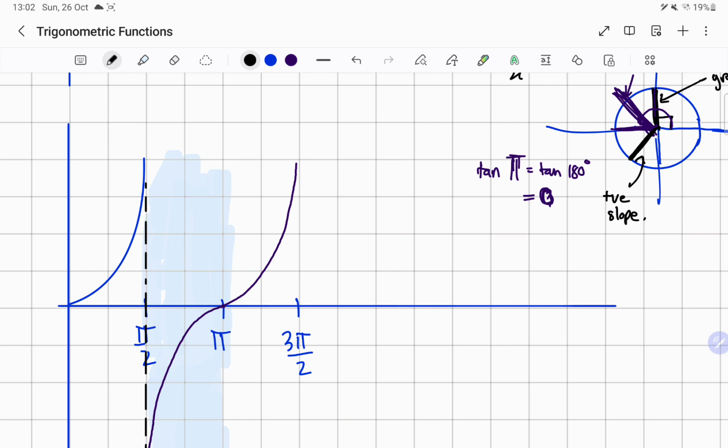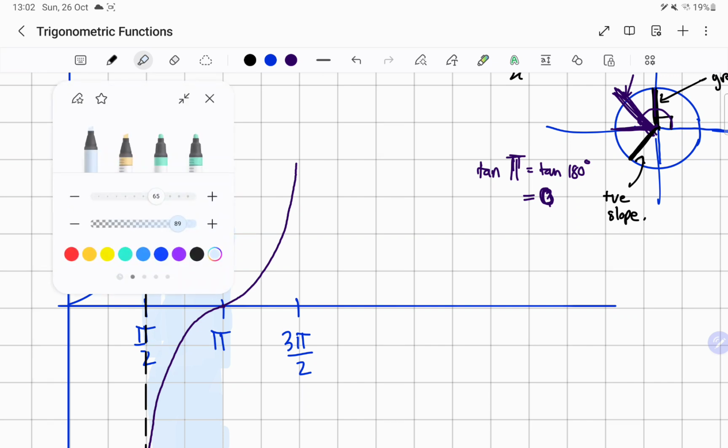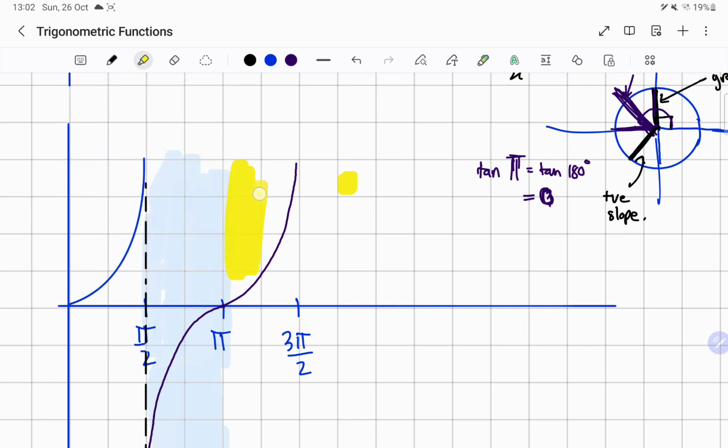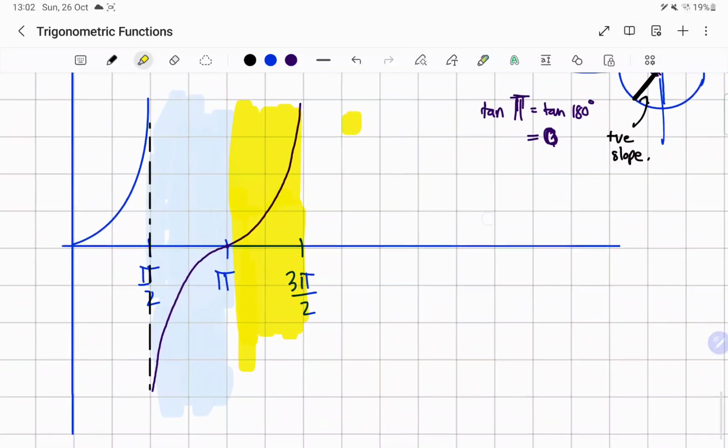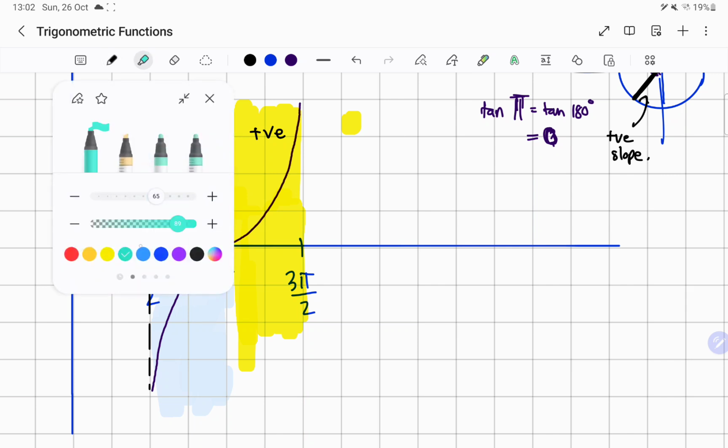So in this yellow third quadrant, tangent is positive. So tangent is negative here, positive here, positive here, and it will be negative again in the final quadrant.